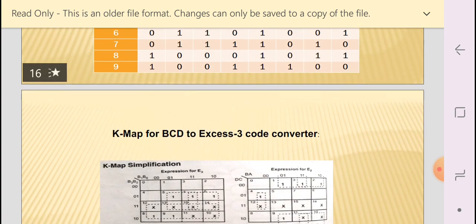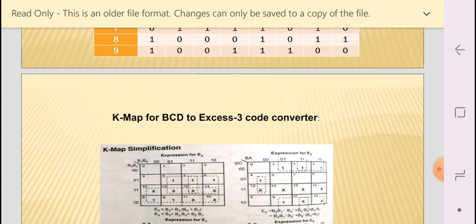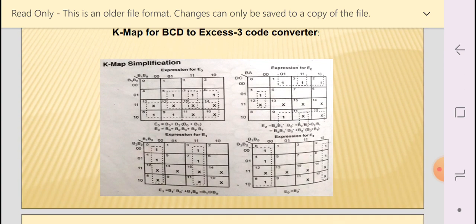Why is it don't care? Because look at this table, after 9 we do not have any data. If you do not have any input data, how can you get the output? So the output may be 1 or 0, and you can define it as a don't care.